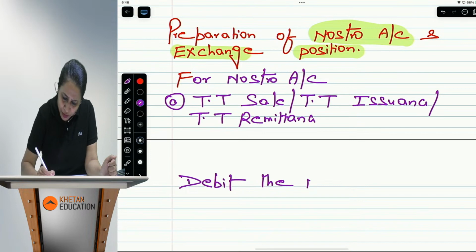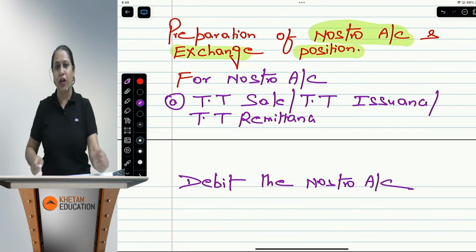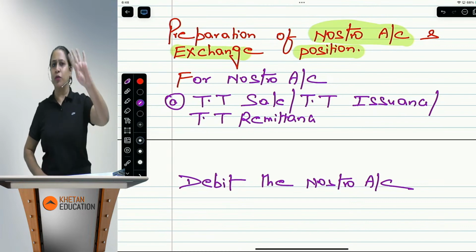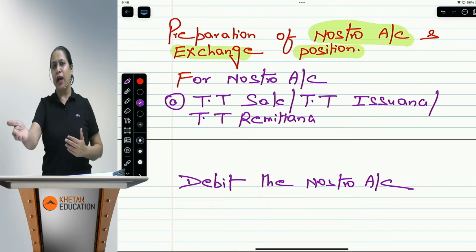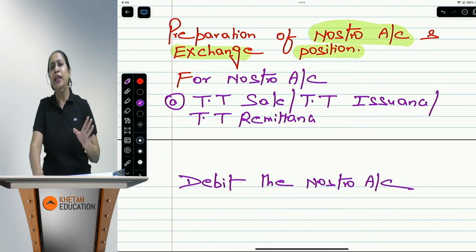Debit the Nostro account. Why should I debit the Nostro account? Now, listen to me carefully. 4 items will be there. Number 1. I am an Indian. I know SBI Bank. There is a business associate of mine who stays in the US. I need to transfer $1 lakh to him. I will go to SBI.